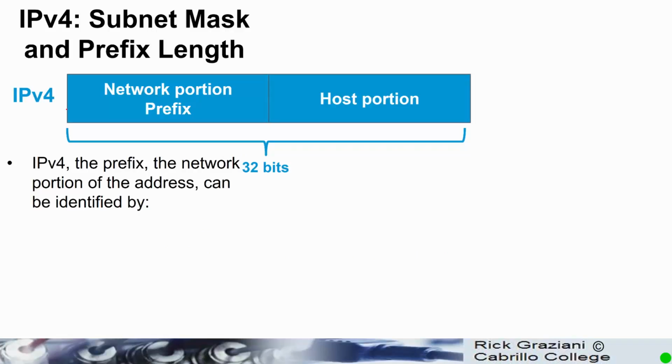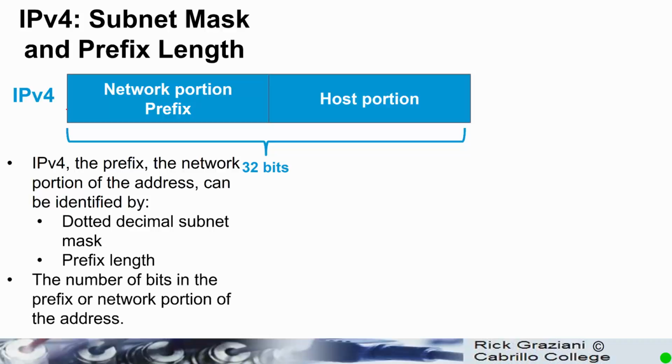With an IPv4 address, the prefix length for the network was typically expressed as the portion of the address identified by a dotted decimal subnet mask. The prefix length allows us to know the number of bits in the prefix or network portion of the address.